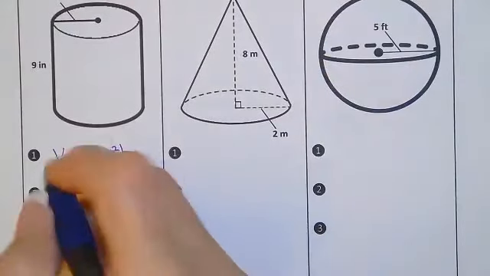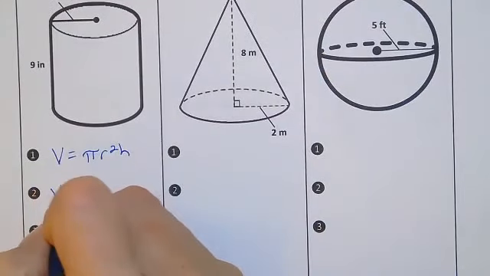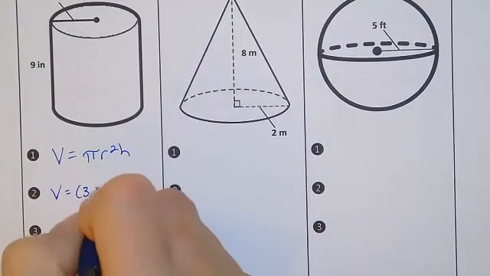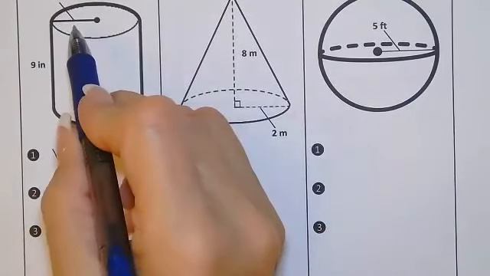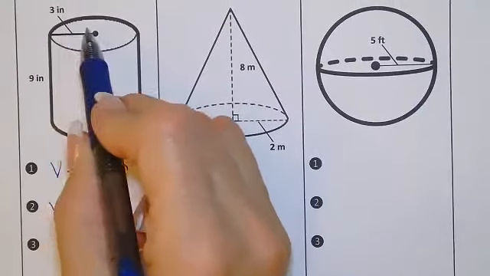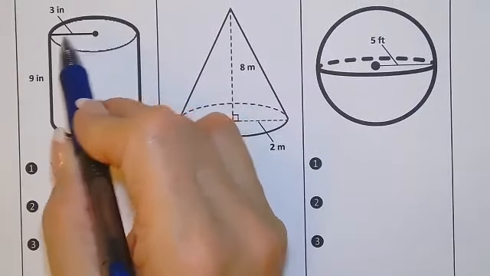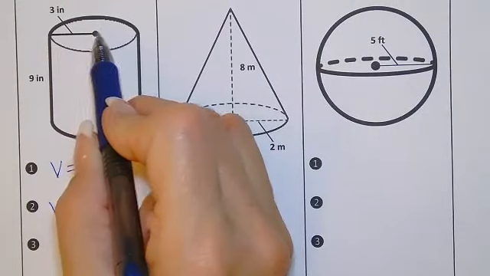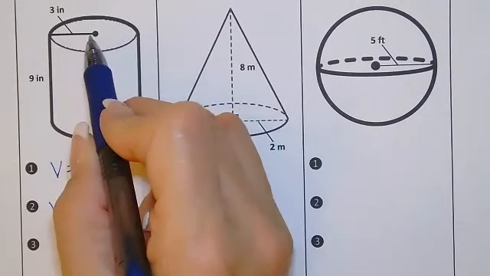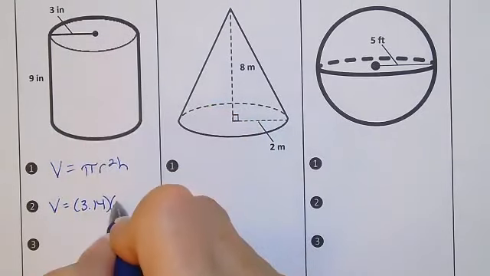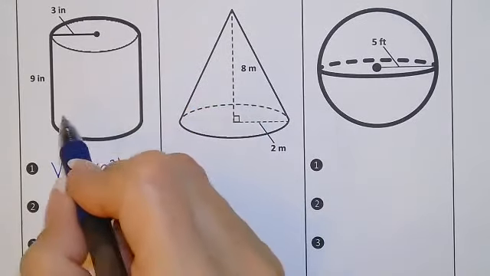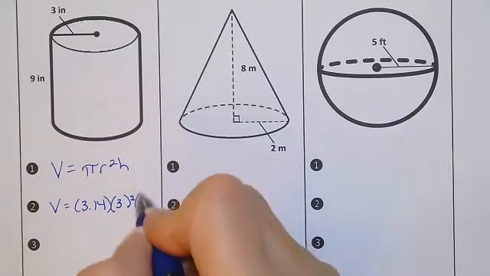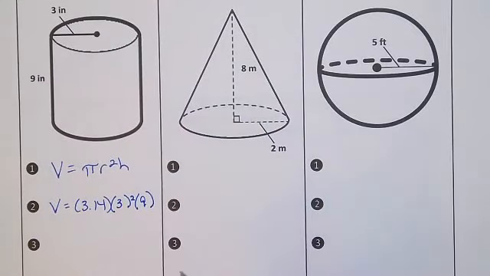Pi is 3.14, radius is 3 inches, and we have to be mindful, make sure that this isn't diameter, and it's not, it's radius. So I'm going to put 3 squared, and then our height is right here, 9.